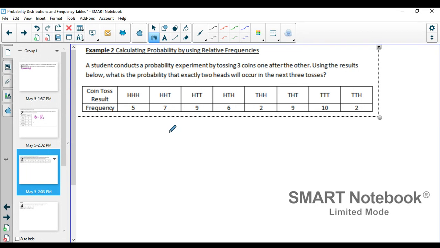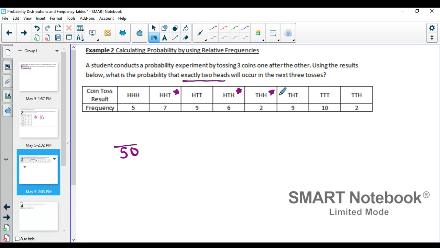So 50. Okay, so we have a frequency of 50, but we only want exactly 2 heads. So we're going to look at each time where only 2 heads occurred. This one has 2 heads, this one has 2 heads, this one has 2 heads.